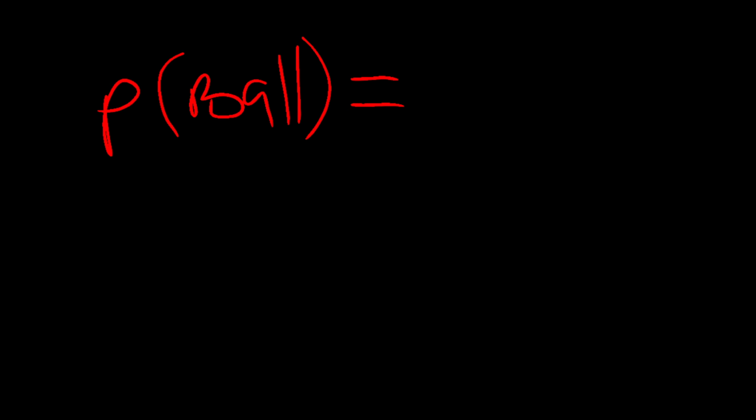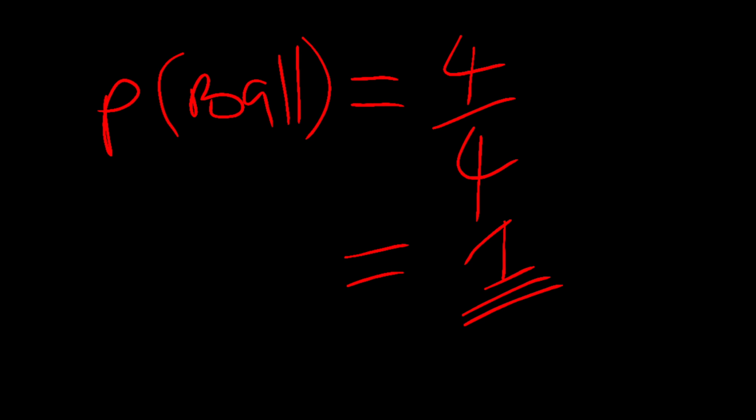We are just focusing on picking a ball. So what is the favorable outcome of us picking a ball? How many balls are there? 4. So we have 4 over, what is the total number of balls in the box is 4. So meaning that will give us 1.